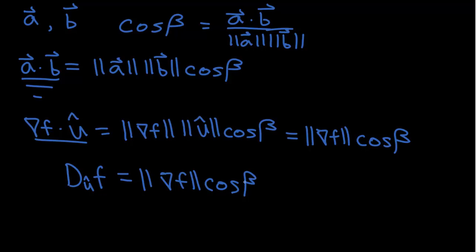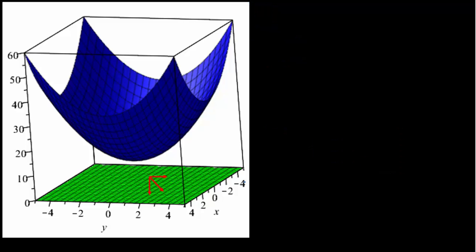So let's look at this next slide. Let's suppose we're standing down here on this green plane, which is the xy plane. And we're looking up at this surface, and we're wondering, which direction should I go, these red arrows, so that if I were to go up in that direction on the surface, where would it be the steepest?